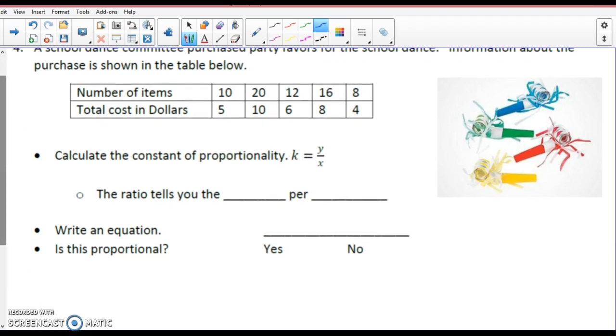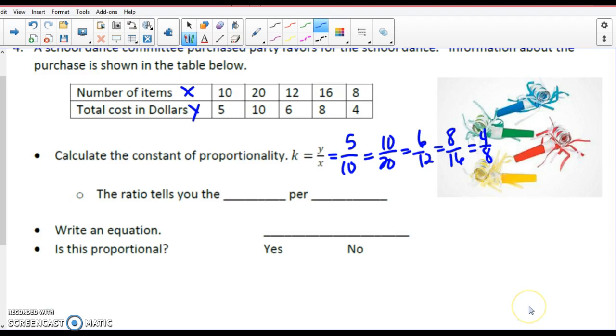Calculate the constant of proportionality, which is K equals Y over X. Again, the first one is X and the second one is Y. So, my constant of proportionality is going to be 5 over 10 for the first pair, 10 over 20, 6 over 12, 8 over 16, and 4 over 8. Every single one of those reduced to 1/2. So, is this proportional? Yes.